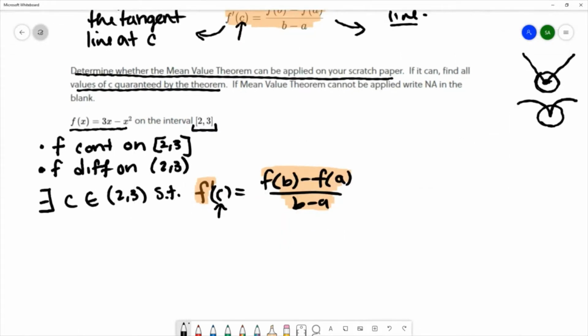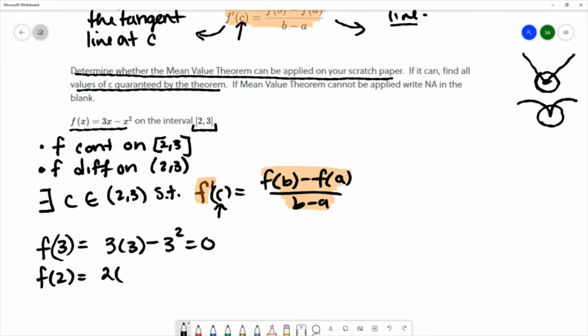So let's calculate f of b. f of b would be f of 3. That's 3 times 3 minus 3 squared. That's 0. f of 2 is 3 times 2 minus 2 squared.